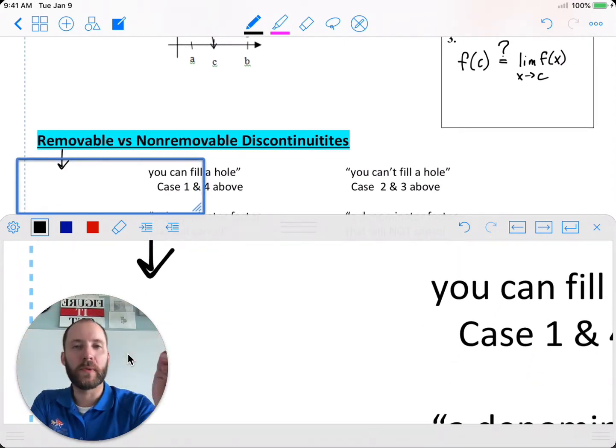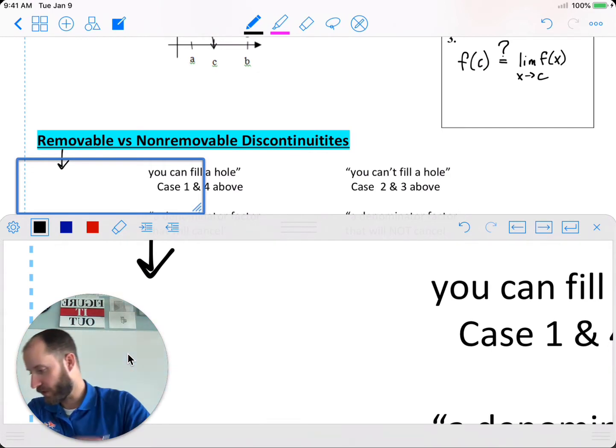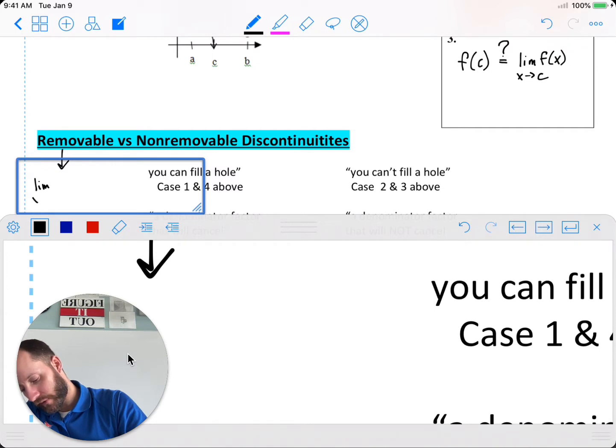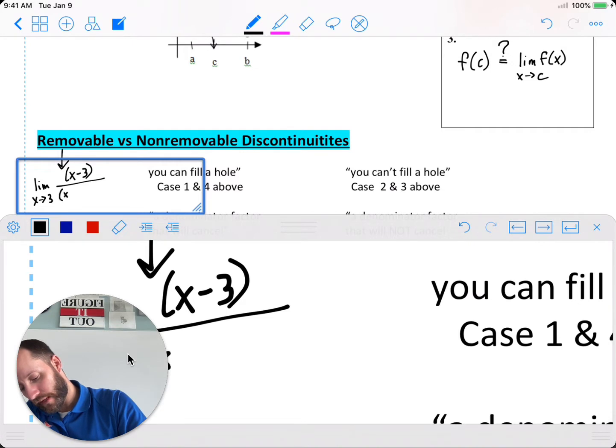So removable, literally, can you remove a problem factor? So if you have a limit as x approaches 3, let's say on the top you have x minus 3 over x minus 2 and x minus 3.